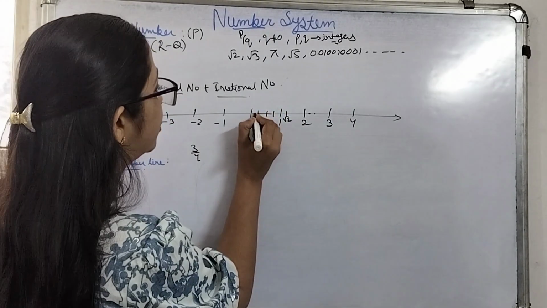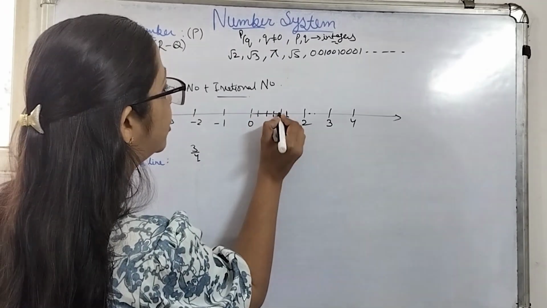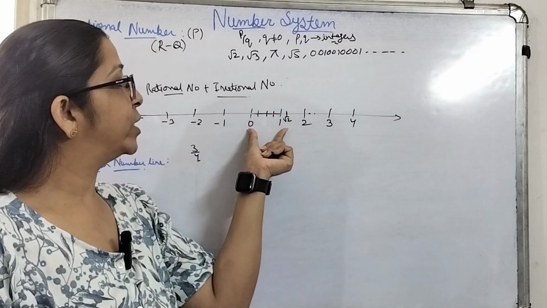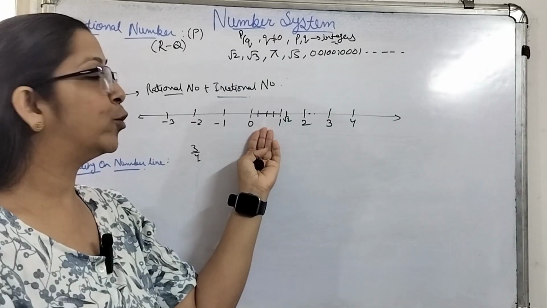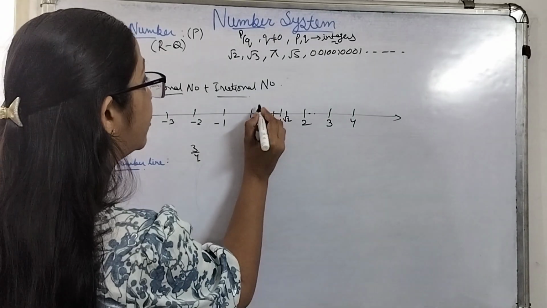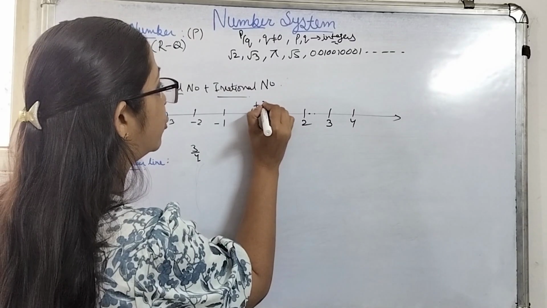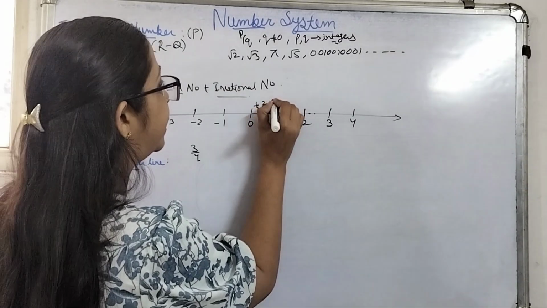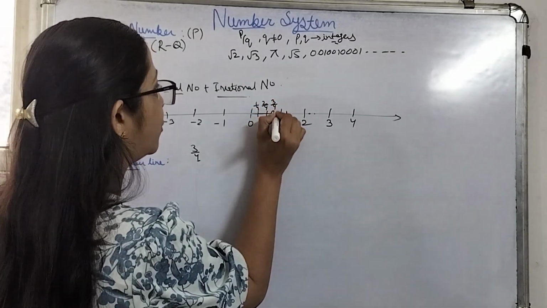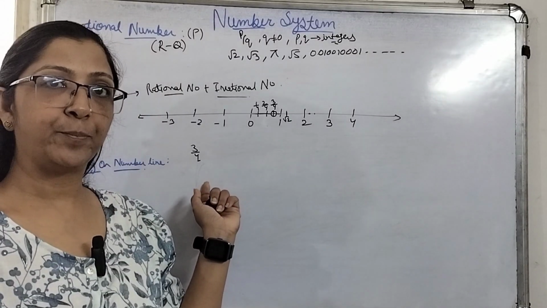So the first part will be 1 upon 4, the second part will be 2 upon 4, the third part will be 3 upon 4, and this is the point which is to be represented.